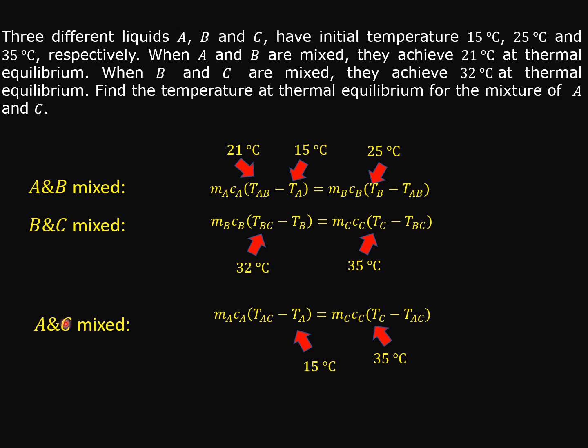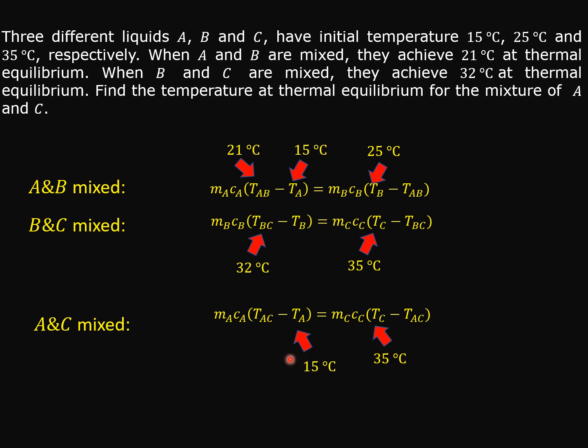Now, for the A and C mixture that we want to find, we mix liquids A and C, and we want to find TAC. If you look at the initial temperatures of liquid A and liquid C, the initial temperature of A is 15 and the initial temperature of C is 35, which is higher than 15.